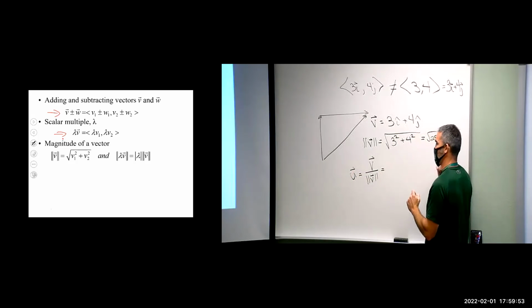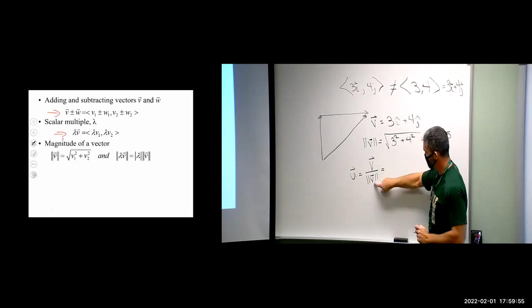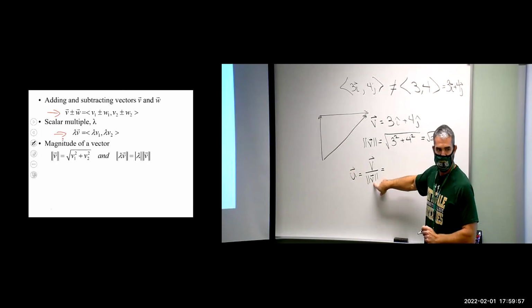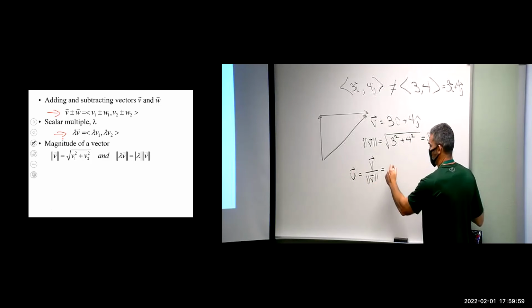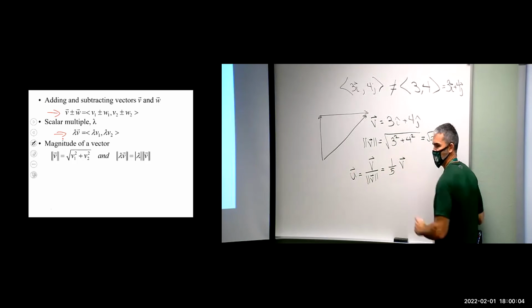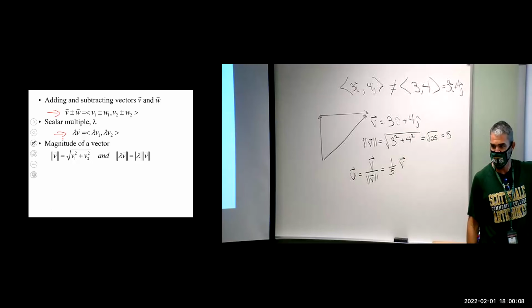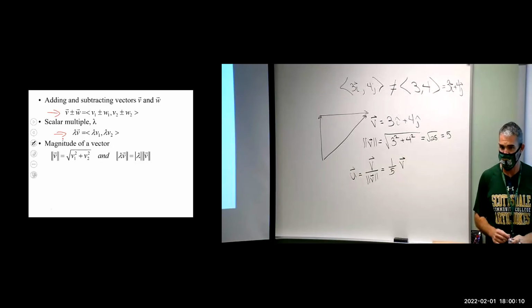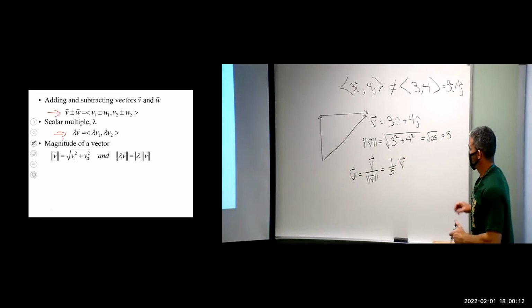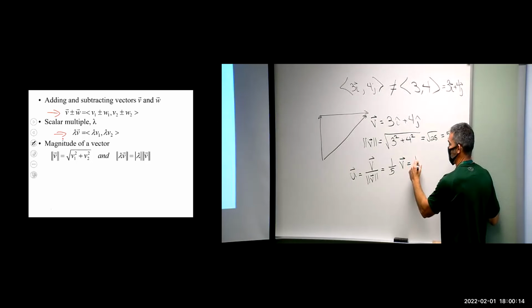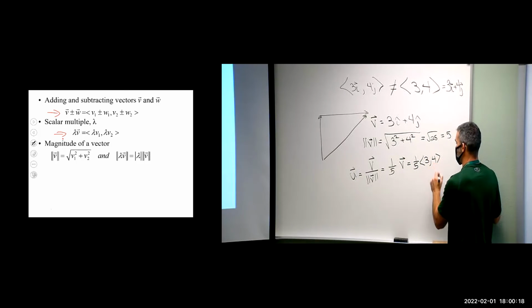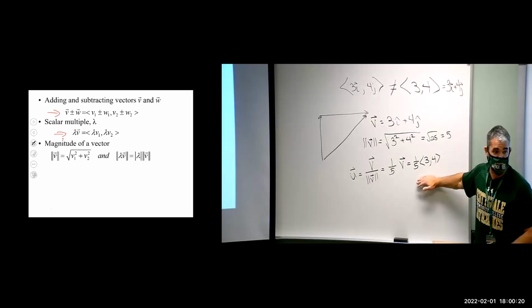Now here's where it's going to look similar to something we did earlier. We know that this is 5, right? So this would be the same thing as 1/5 times our vector V. That's our scalar times V. Well, we know how to do that. 1/5 times 3, 4. That's it. I mean, we're done here.